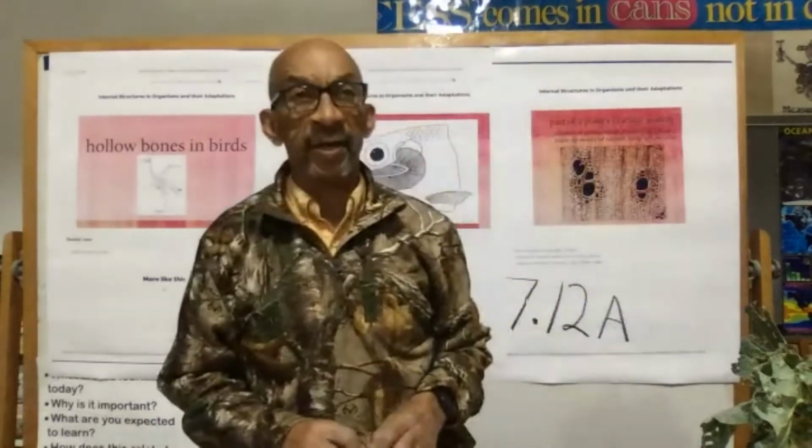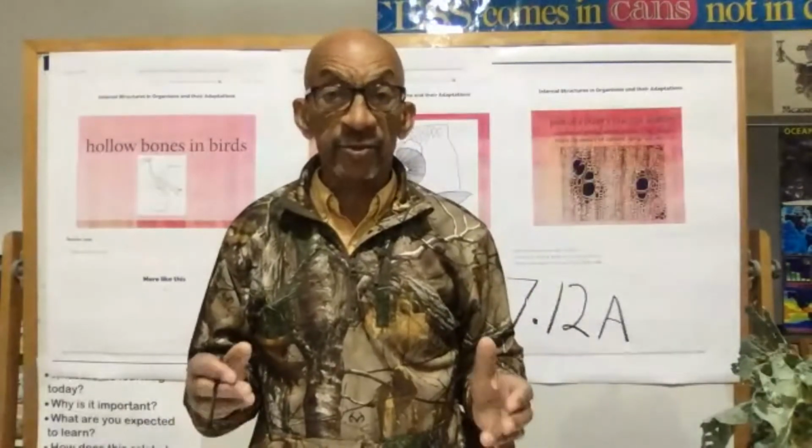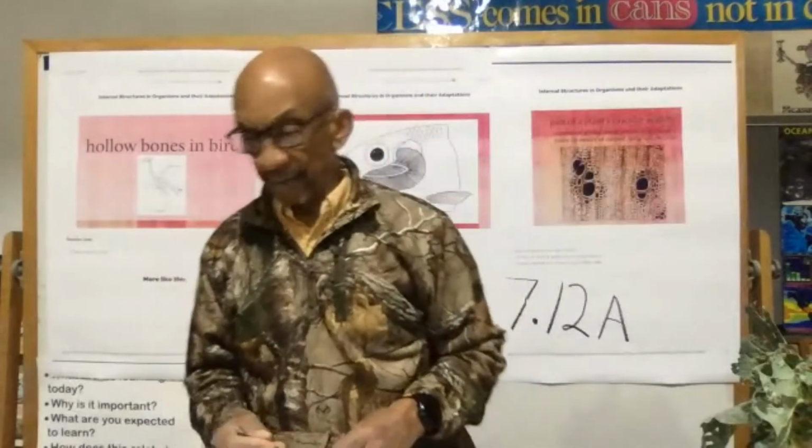One of the things that students will recognize is the fact that he does have a shell that protects him. That is a structural adaptation, but that is external. Now, organisms do have internal structures that act as adaptations that keep them alive. And I have several examples.